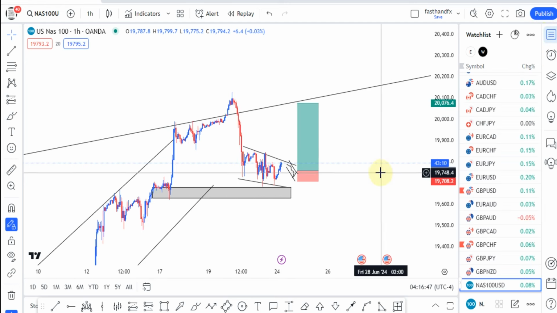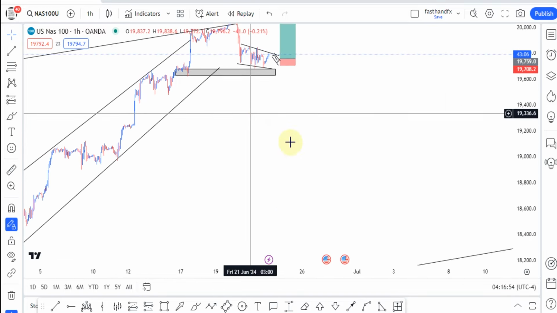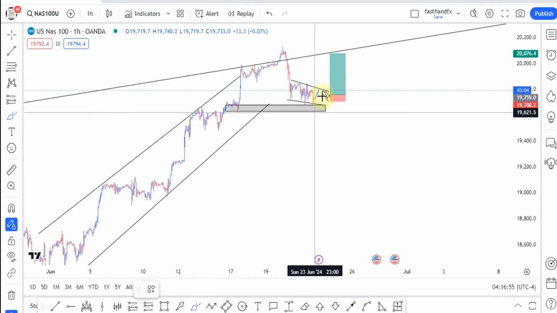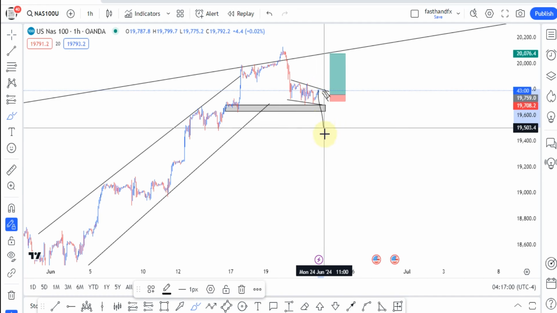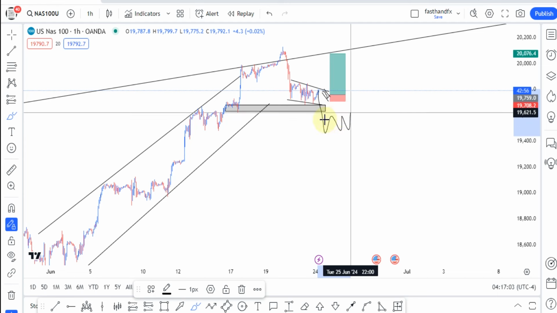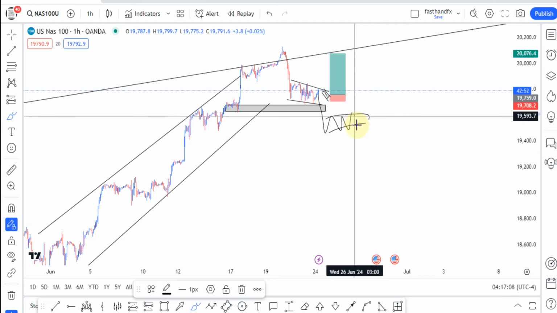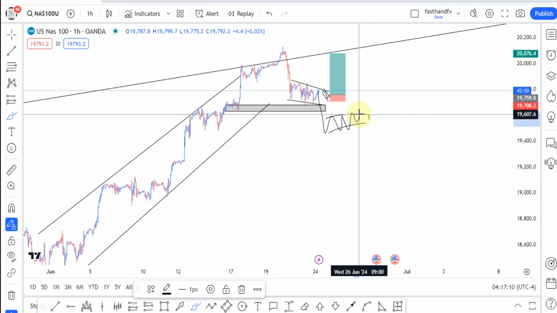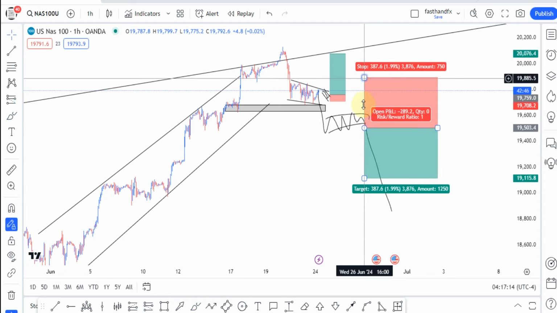Now that is what we've just seen, the bullish possibility. Now if we see price dropping, let's just talk about sells. If you see price dropping, no problem, all we need is to let the market print a bearish flag. Make sure inside this bearish flag you see a head and shoulder or a double top before you take your sells.